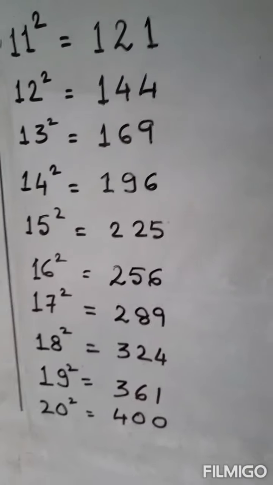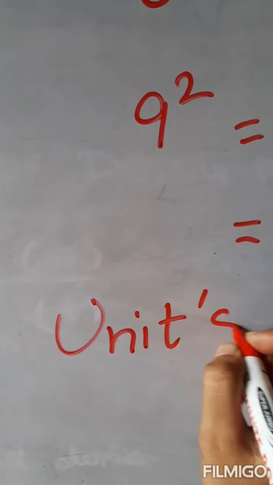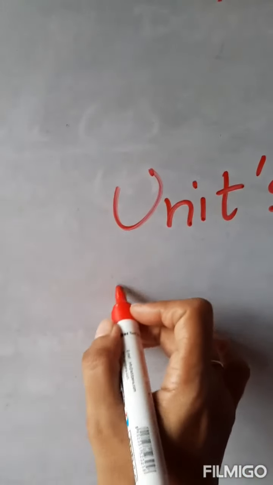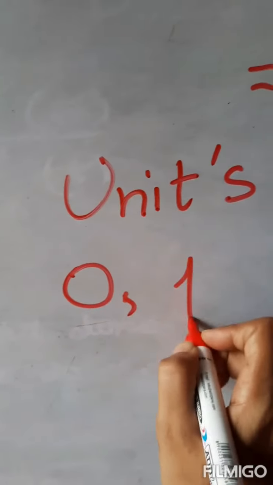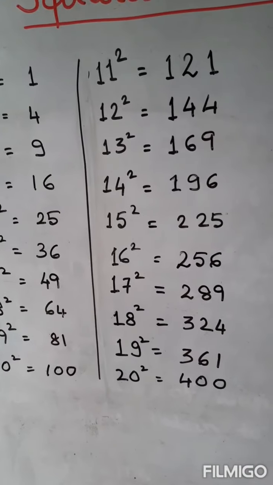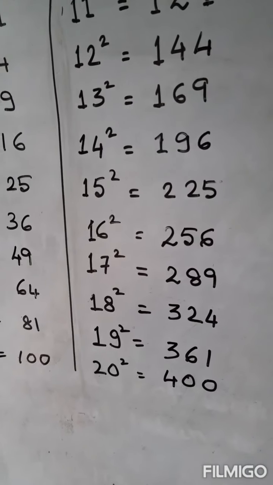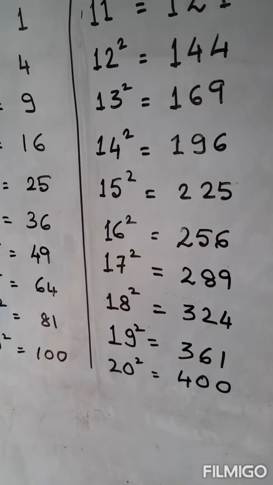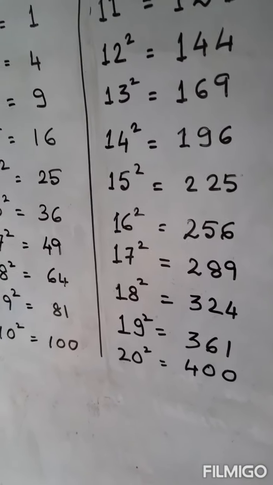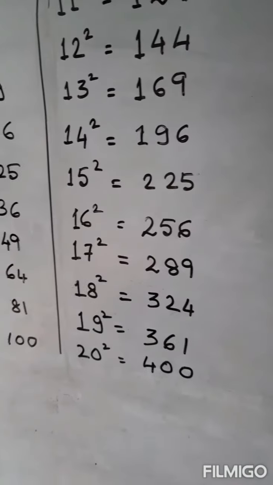In the units place we get numbers like 0, 1. 2 we did not get, we did not get 3, we got 4, we get 5, we get 6. 8 we don't get, 7 we don't get, and we get 9.